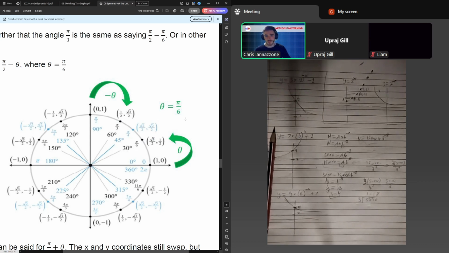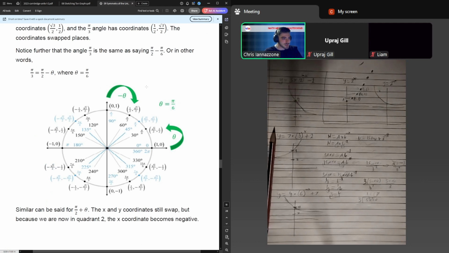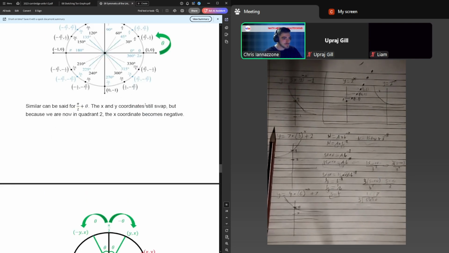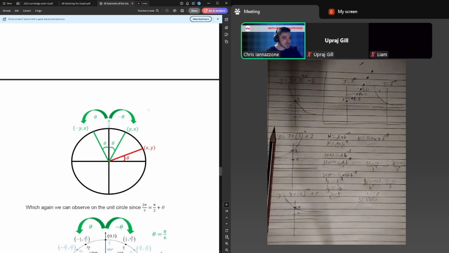So that's one thing that I tend to remember whenever I'm trying to remember, oh, hang on, what's this pi over 2 minus theta nonsense? I remember this behavior of the unit circle, which, for those who are studying circular functions or have done it, I'm hoping you have your unit circle memorized, because as you're probably seeing, it's used in literally everything. But okay, that's why I like to memorize it.